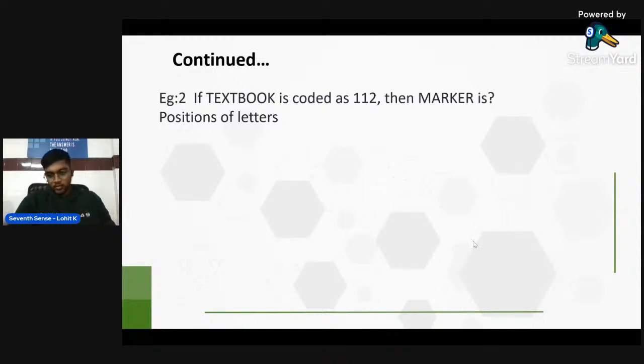Answer is 48. Only one person has given the answer as 48. So let's see what is the answer for this.